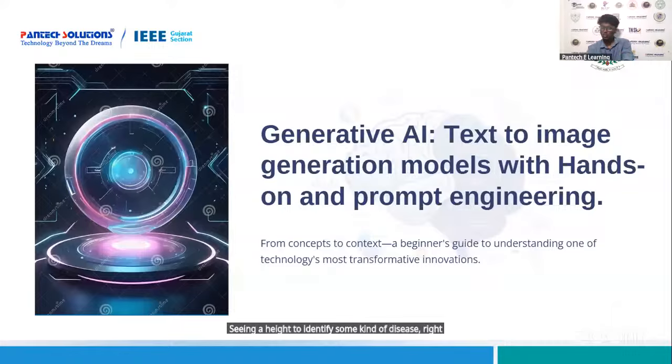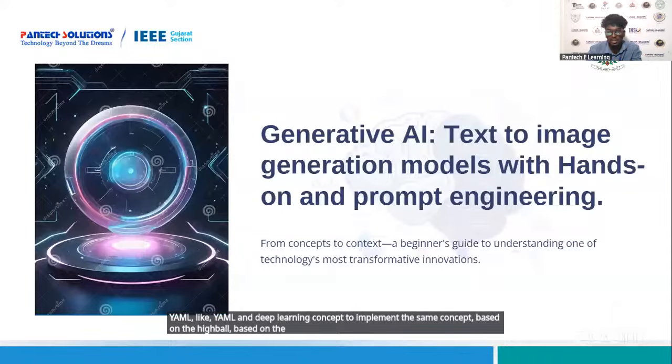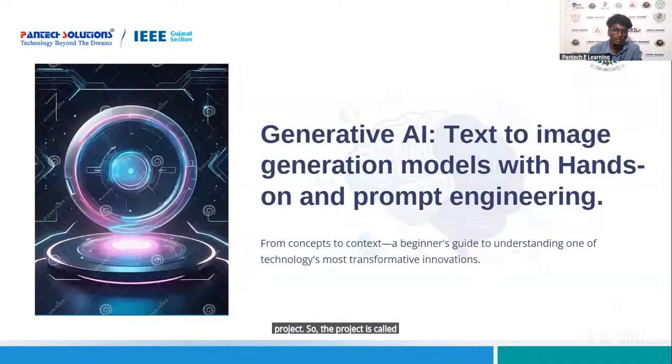The same thing we implement using ML and deep learning concepts, based on the eye retina, so we can easily find out the types of disease. That is the process of this project.